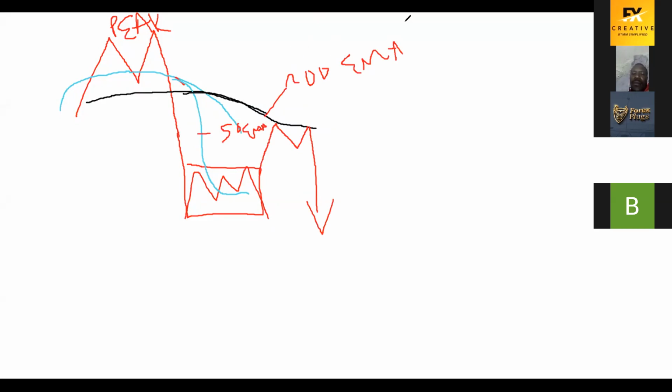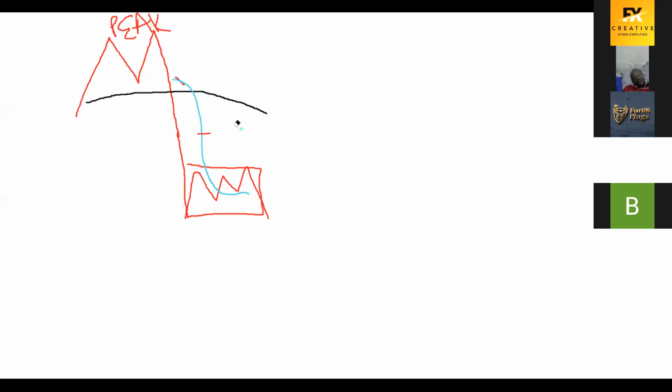Then for type 2 now, we are going to have the 200 EMA there.